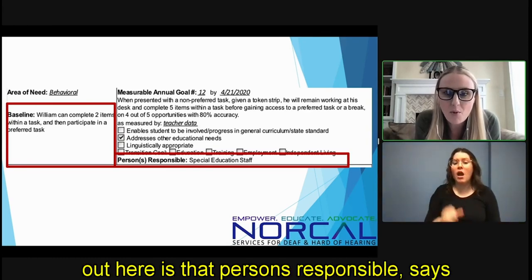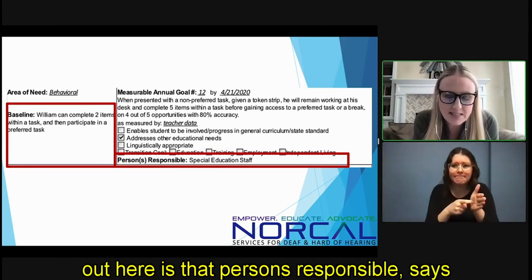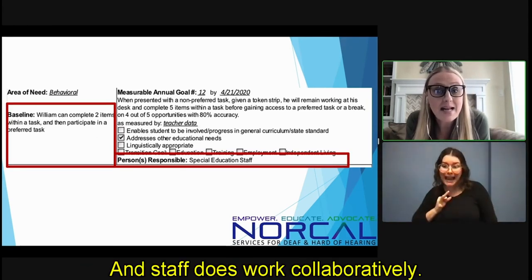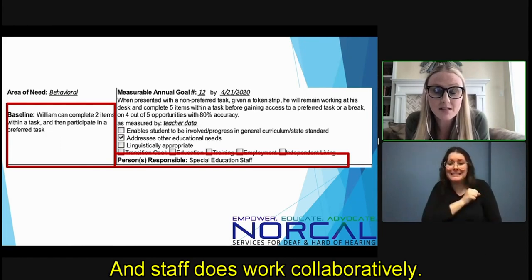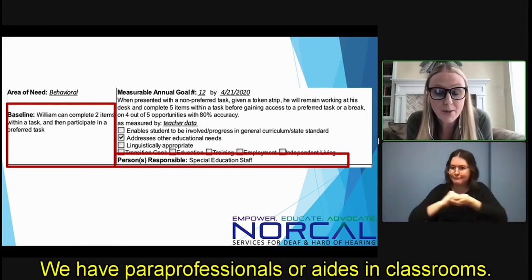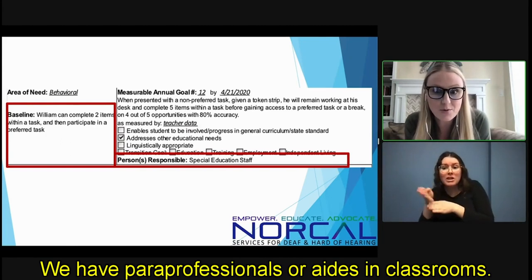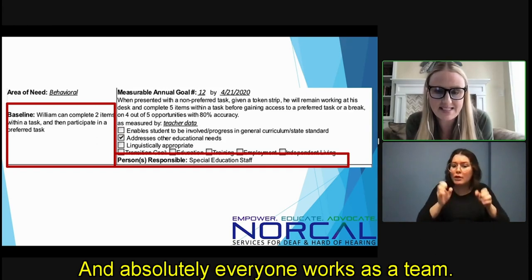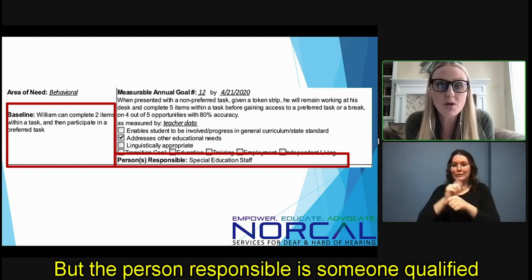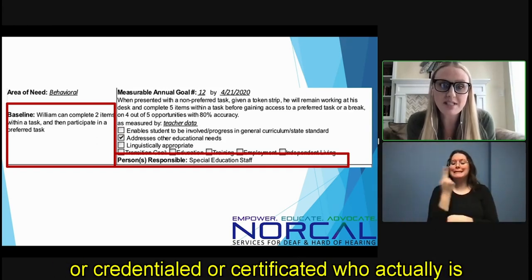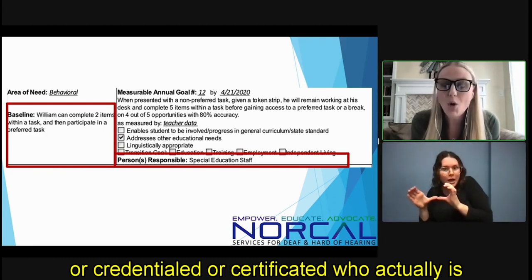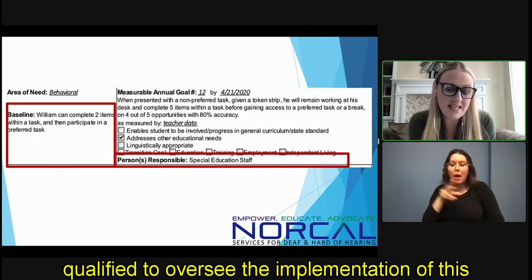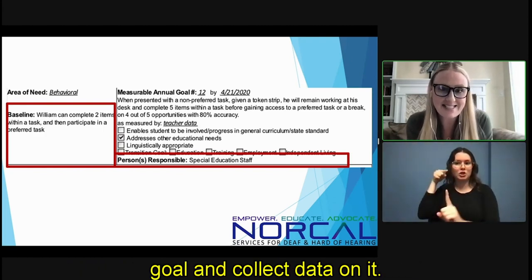The other thing I want to point out here is that persons responsible says special education staff. This happens a lot, and staff does work collaboratively together. We have paraprofessionals or aides in classrooms. We have lots of related service providers, and absolutely everyone works as a team. But the person responsible is someone qualified or credentialed or certificated who actually is qualified to oversee the implementation of this goal and collect data on it.